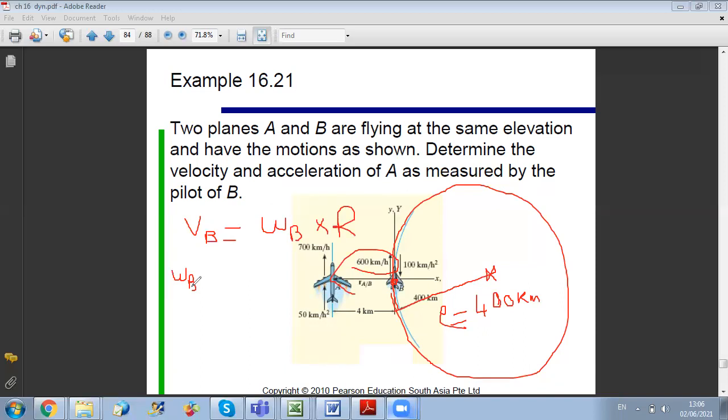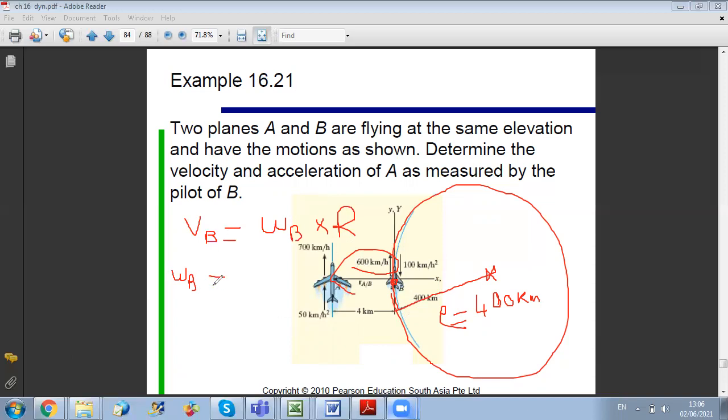You can keep it in the unit of hour, it's fine. But it is important not to mix units. For example, if here instead of kilometers we were given meters, we should either transform both to meters or transform both to kilometers, okay?